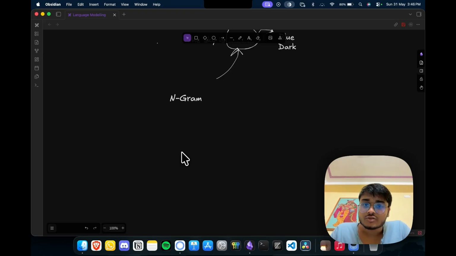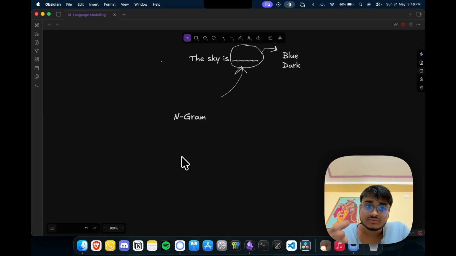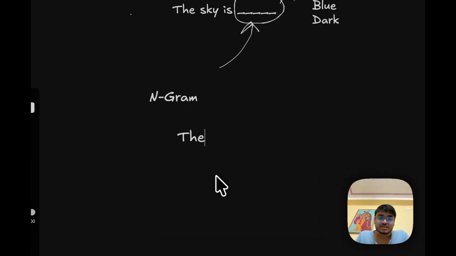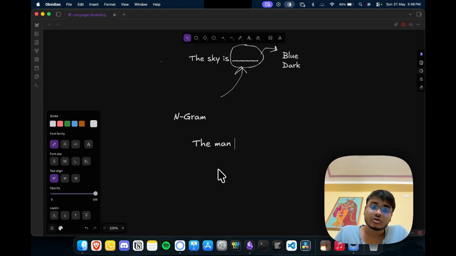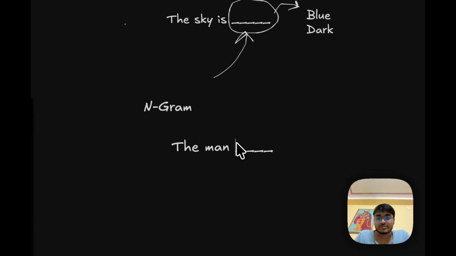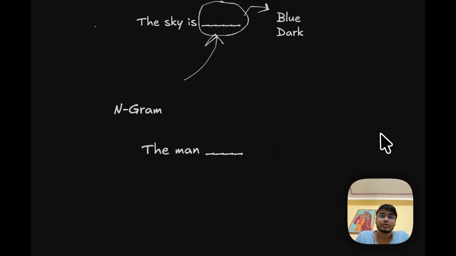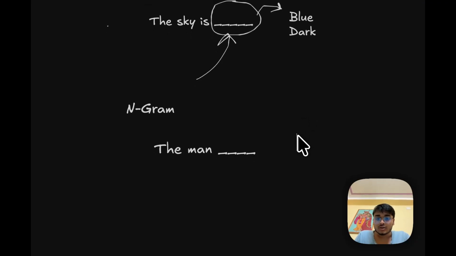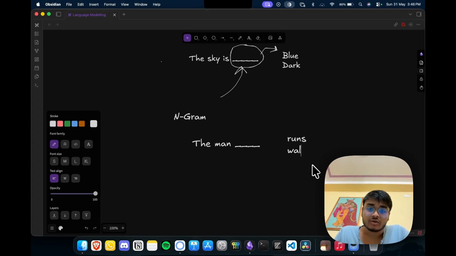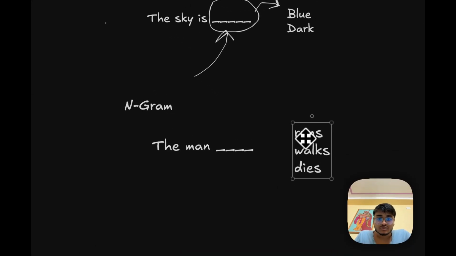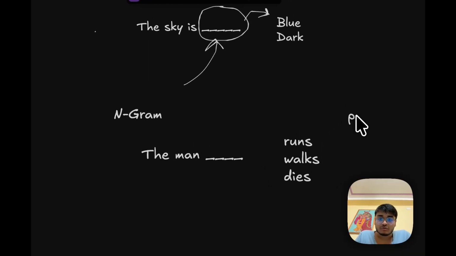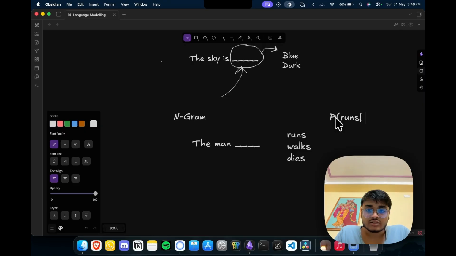But you have to understand this. An N-gram means a sequence of words, but in this scenario we're going to find the probability of a word coming after a particular word. Let's say "the man," then a blank, and you have to predict the next word. We find all the possibilities: the man runs, the man walks, the man dies. Let's say there are three words here.